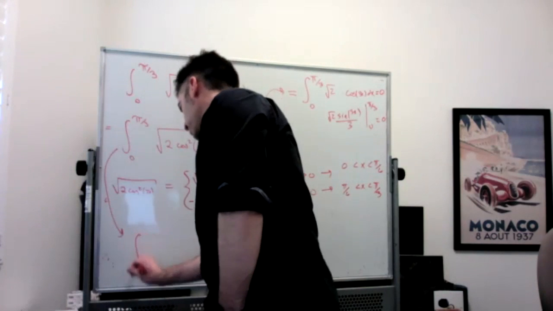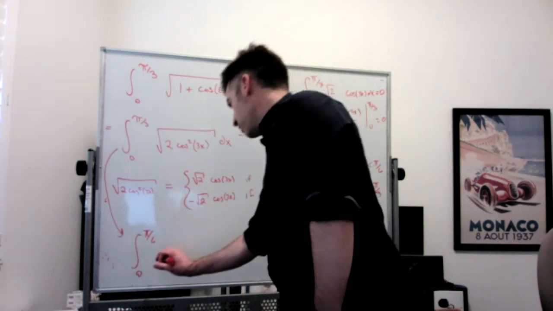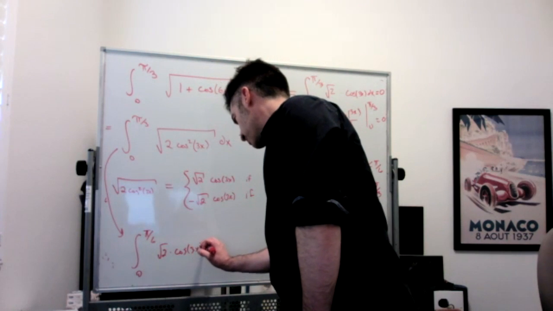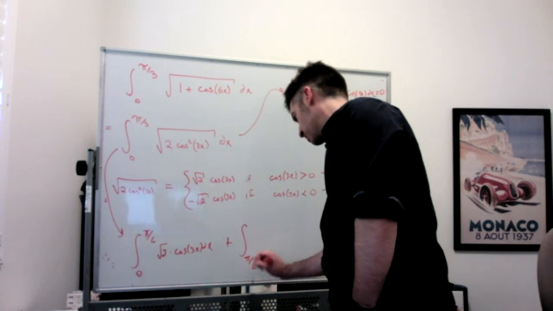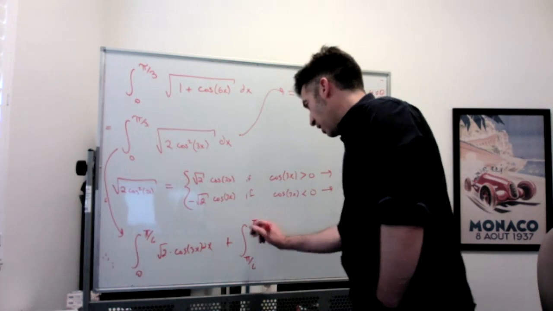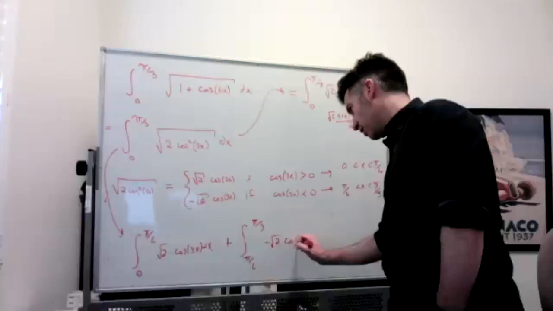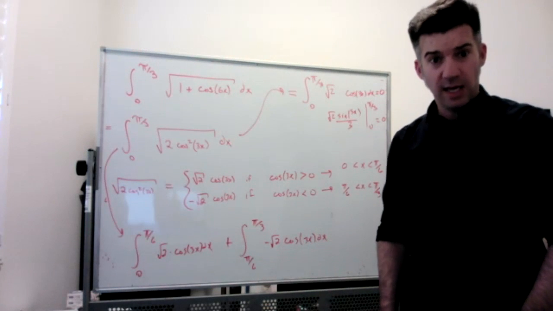The integral from 0 to pi over 6 of the square root of 2 times cosine of 3x plus the integral from pi over 6 to pi over 3 of the negative square root of 2 of cosine of 3x dx. Fun times.